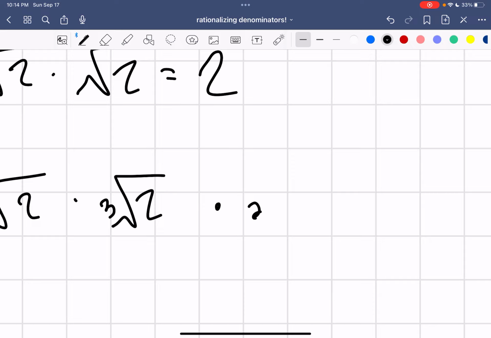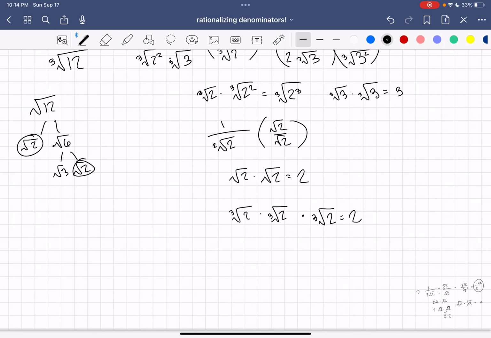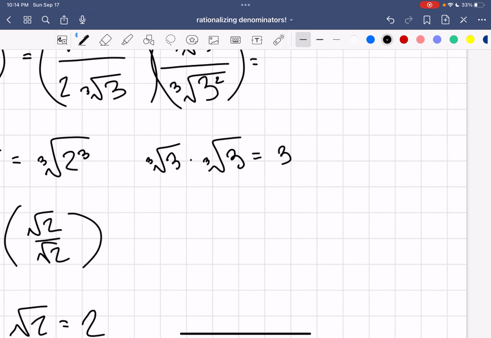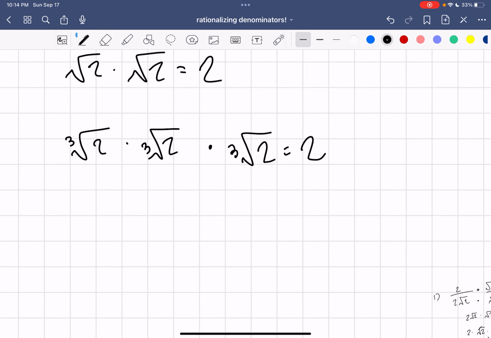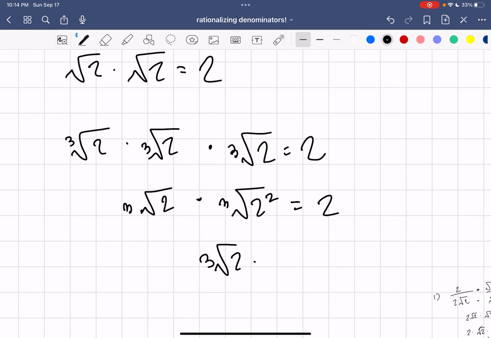It would have to be this. So that means you would have to be like this times 3 times square root of 2 squared is equal to 2. Because when you have that thingy times that thingy, then you have this thingy, you know? Awesome.